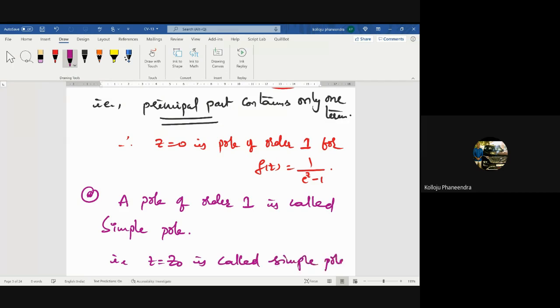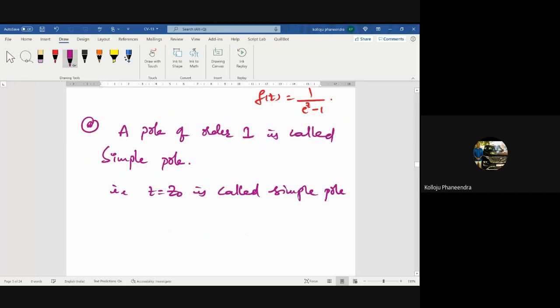Simple pole as per definition, using the limit concept: if the limit as z tends to z naught of f(z) tends to infinity, and what is the other condition? Simple pole means the limit as z tends to z naught of (z − z naught) to the power m, with m value 1 here, times f(z) exists. Okay, this is the topic about classification of singularities.